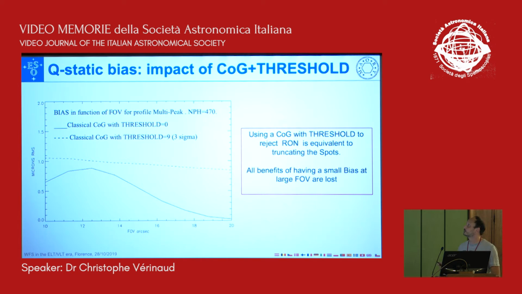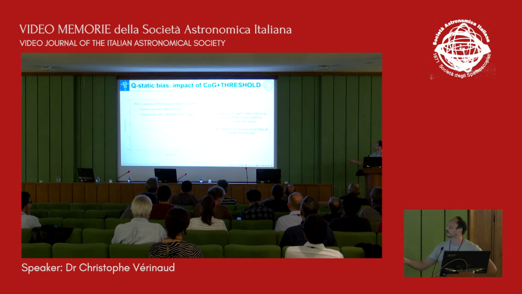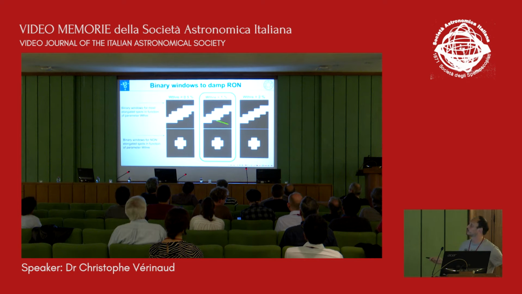Now, one important point. When you do that, you have to be very careful with the center of gravity you use, because when you use a threshold, you are actually already truncating the spot. When you put a threshold, you introduce a truncation and you ruin all the benefits of large field of view. So the solution to that is to use windowing.